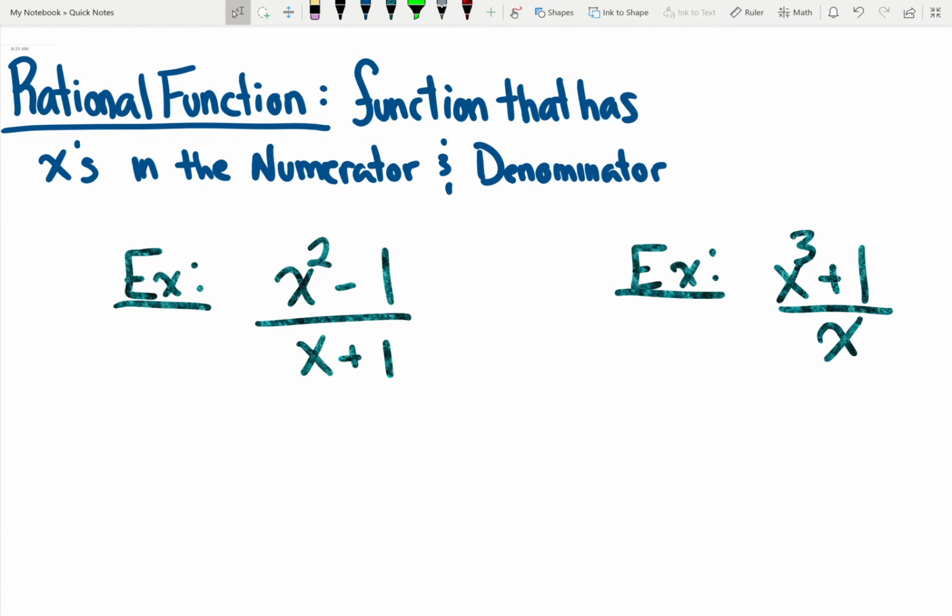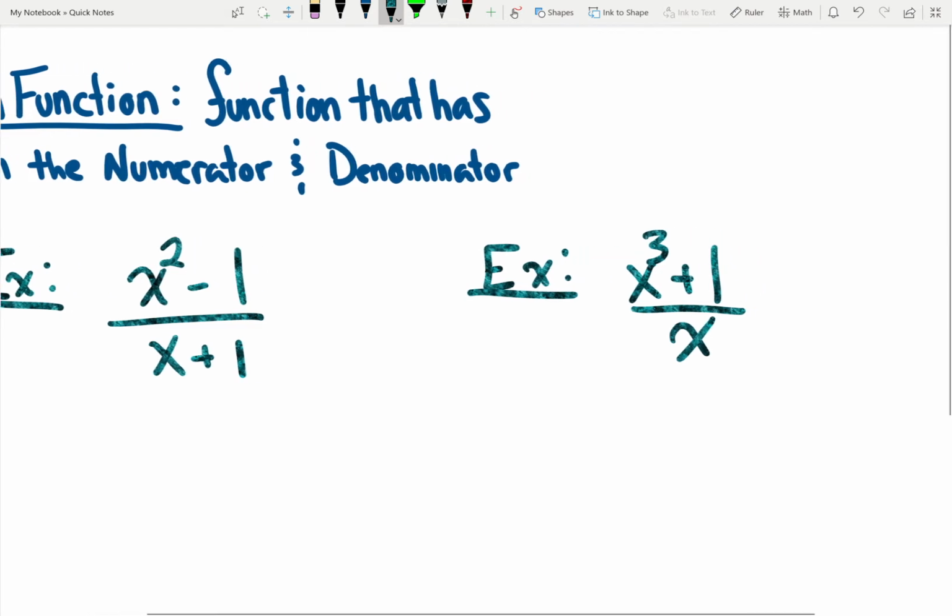So our goal for today is to go over rational functions. If you were here for the last class, right before we got kicked out, we went over rational functions a little bit. So let's just review what they are. Rational functions are functions that have x's in the numerator and denominator.